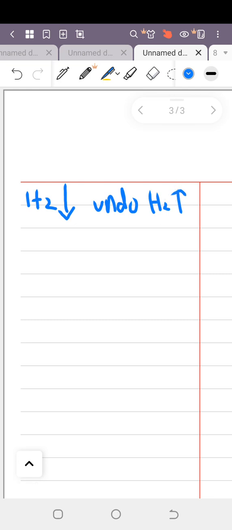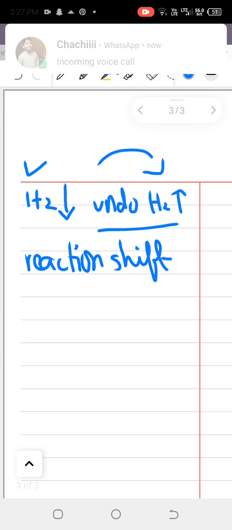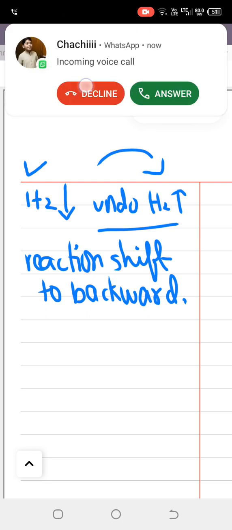So if any substance's concentration is decreased, we have to increase it, हमें undo करके उसको increase करना है. तो remember, the reaction will always shift toward the backward direction when we have to increase the concentration to undo the change.